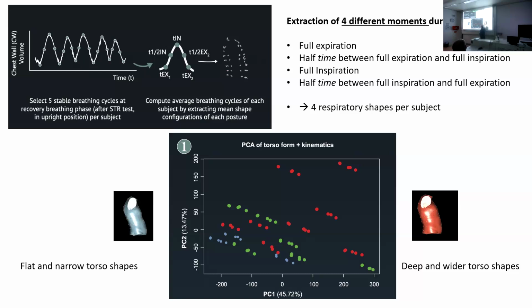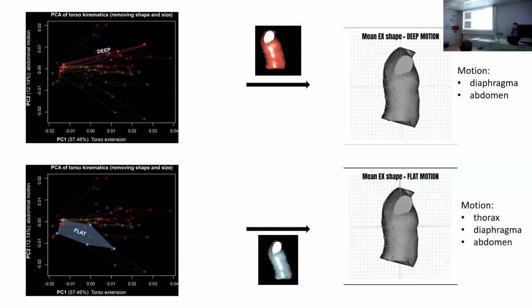And the first thing that we saw is that we have a kind of separation between flat and narrow chest wall configurations versus deeper and wider torso shapes. And if we remove the variation due to the individual shape, we only keep that kind of variance that is related to motion.